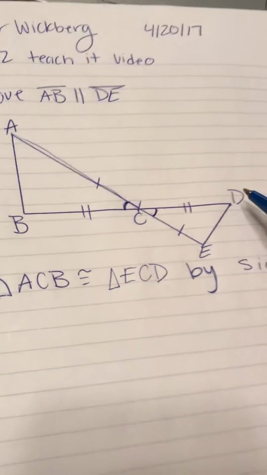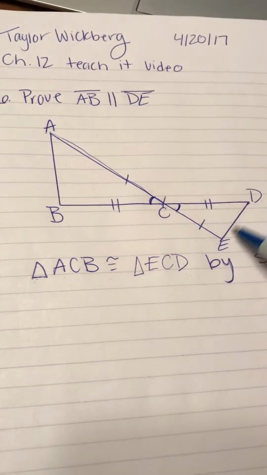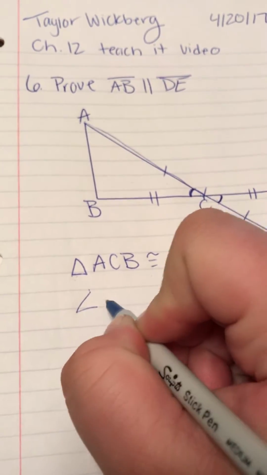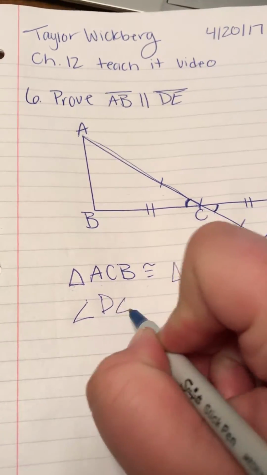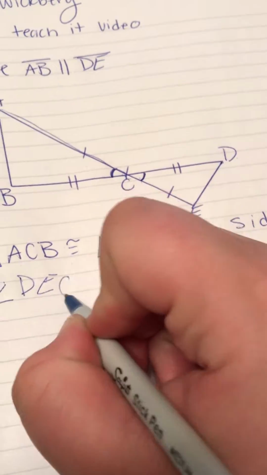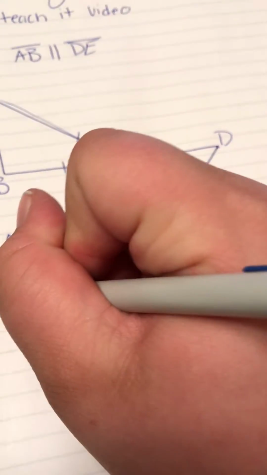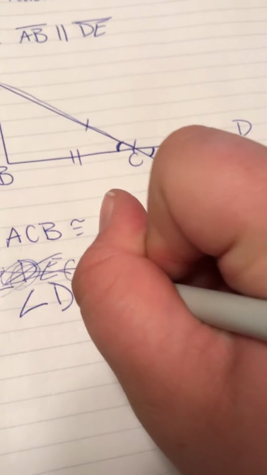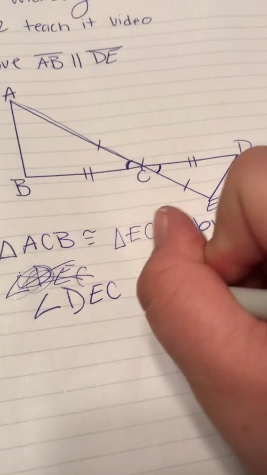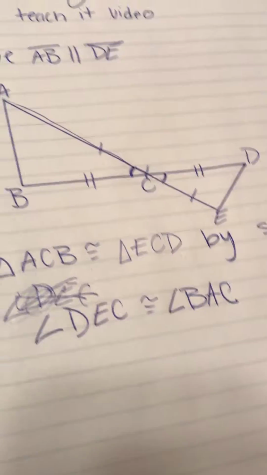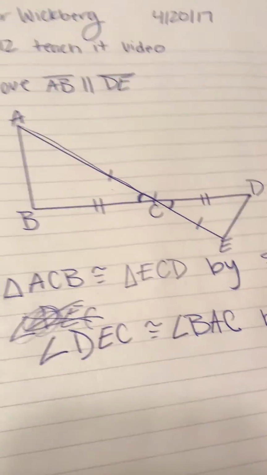Now we're going to go on to angle DEC. So how we write that is angle DEC is congruent to angle BAC by, now let's look at this.